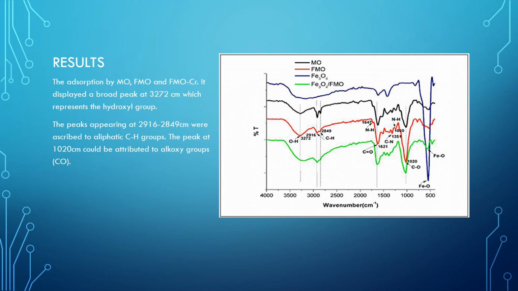The adsorption by FMO showed a sharp peak at approximately 1,351 per centimeter, representing the stretching of the bond between carbon and nitrogen of amino groups transferred onto the surface of FMO. The bands appearing at 1,647 and 1,030 per centimeter were assigned to nitrogen and hydrogen stretching band of amino groups.